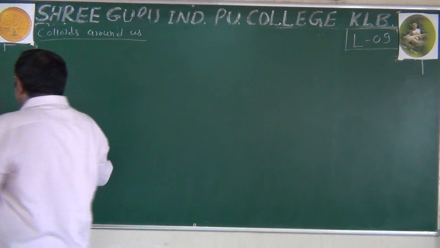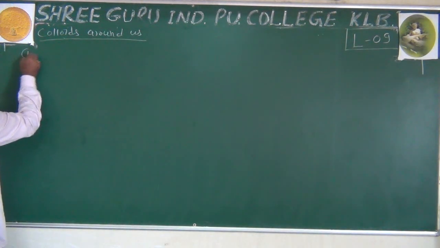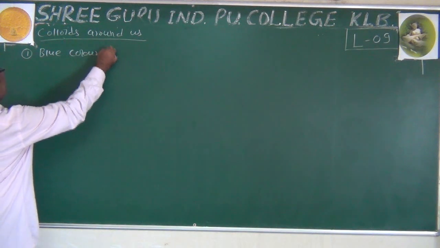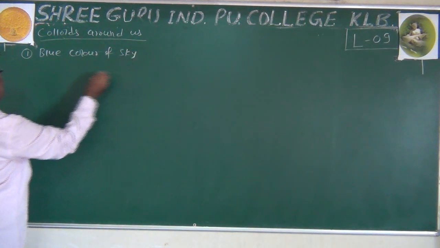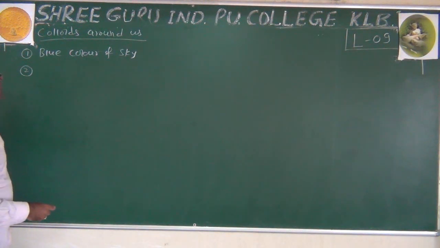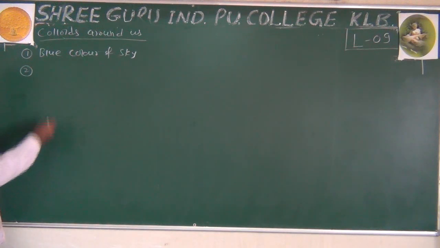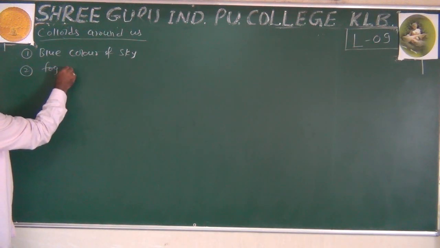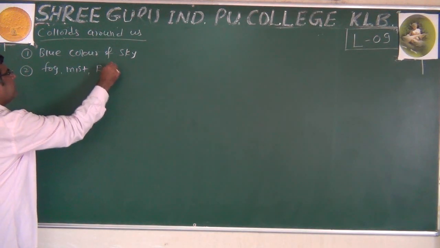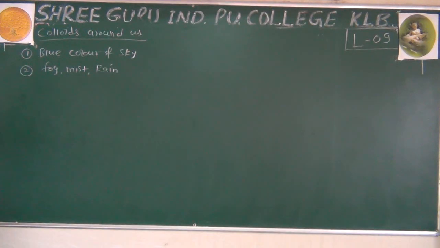The first example is the blue color of the sky, which is because of colloid. I will just write them once and then explain one by one. Then the next example is fog, mist and rain. These are also examples where colloids are involved.